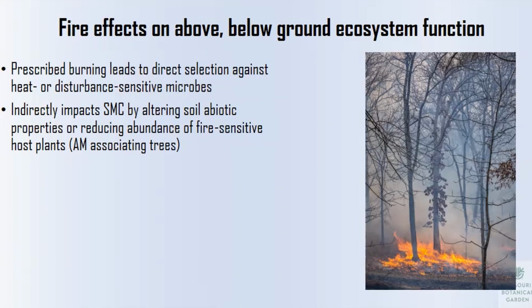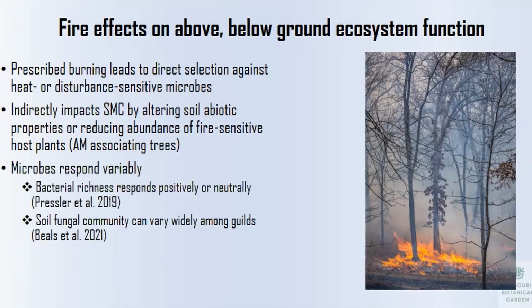Different nutrient levels will lead to the growth or abundance of particular microbes. It also reduces the abundance of fire-sensitive host plants. For example, AM-associating trees, like maples, are very fire-sensitive. They cultivate AM, but if they're removed in fire, it will have impacts on the soil microbial community.